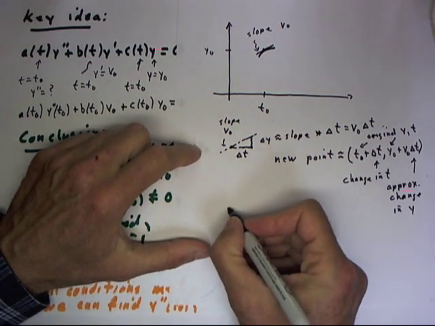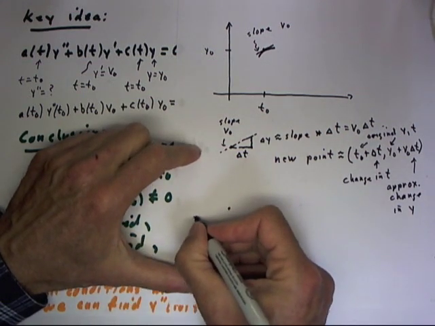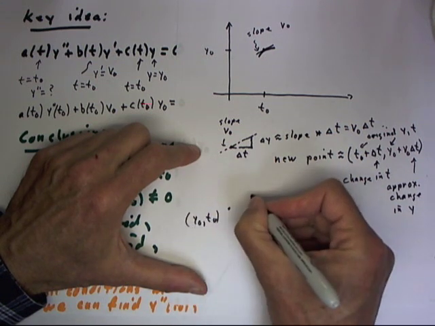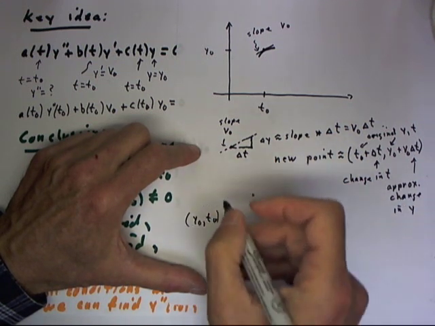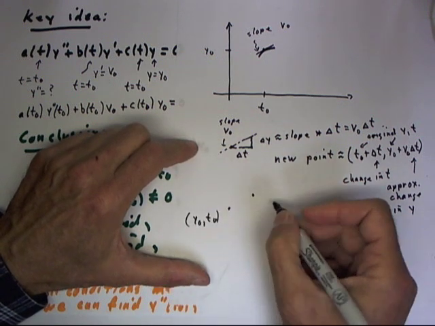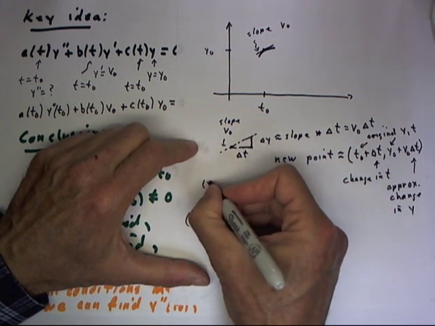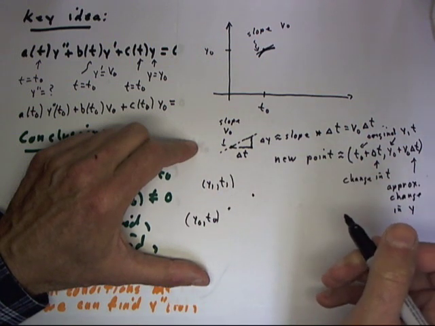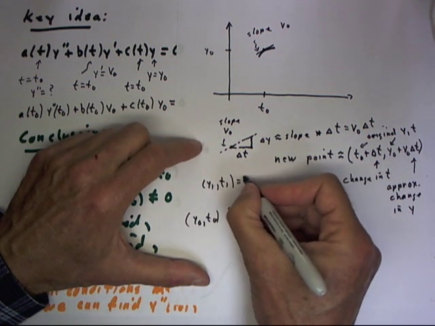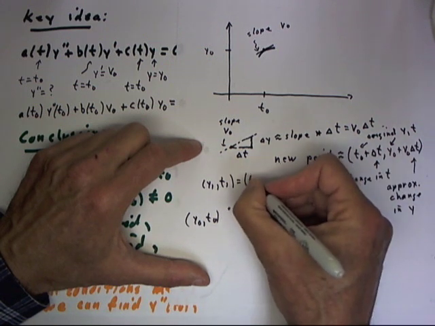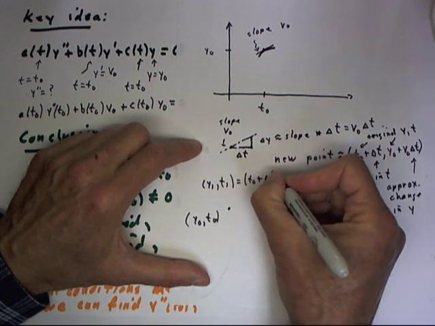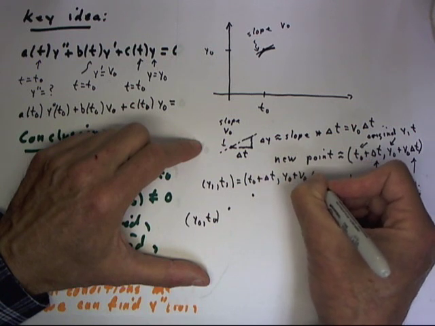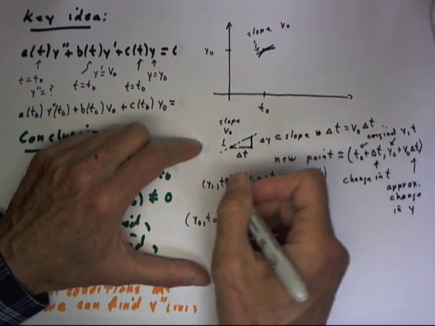And we can depict the situation. Here's our point, y naught, t naught. And here's our point, which we'll call y1, t1, equal, as before, to t naught plus delta t, y naught plus v naught delta t.